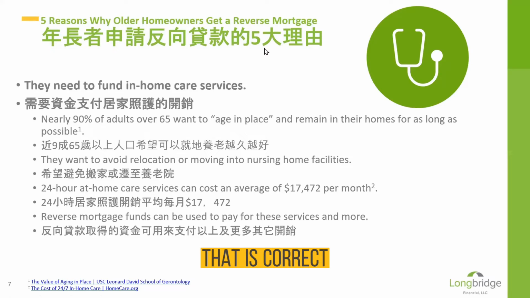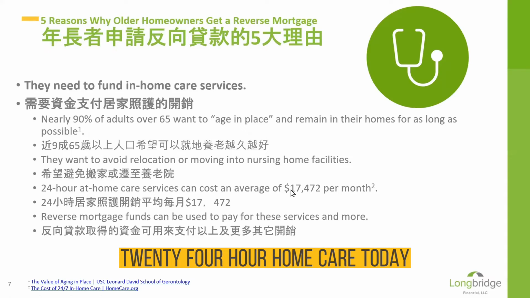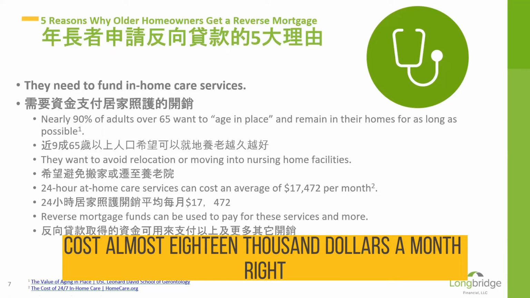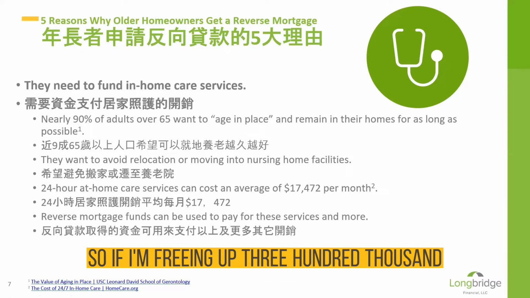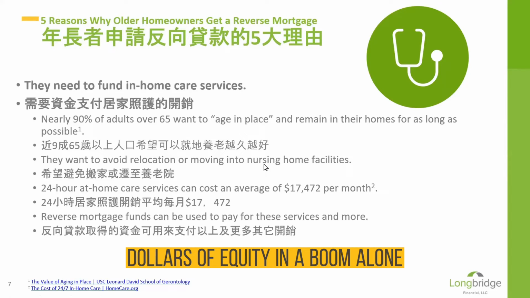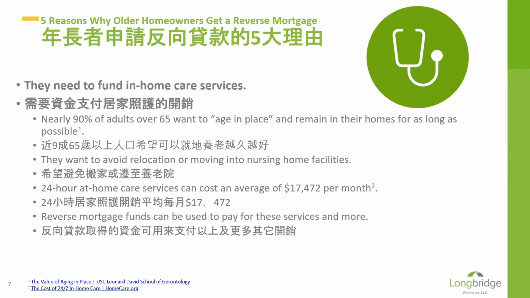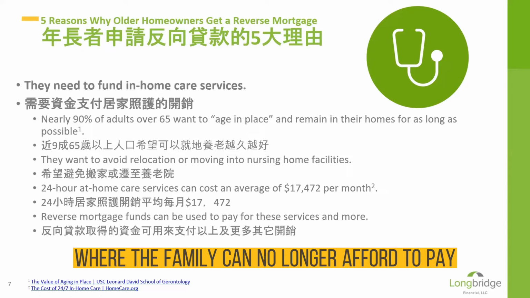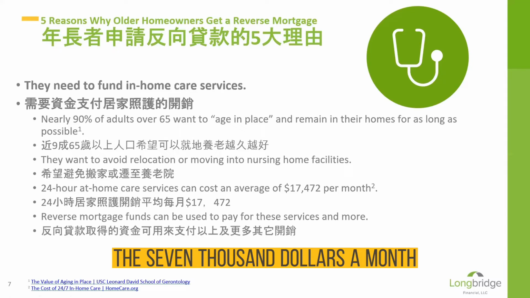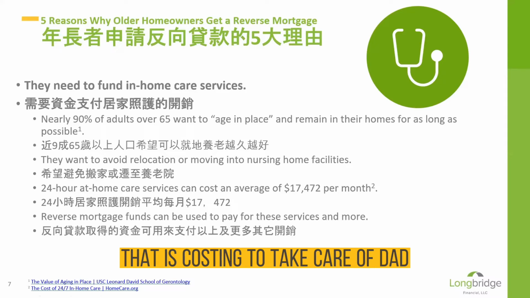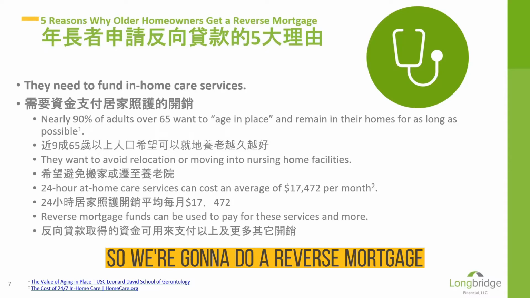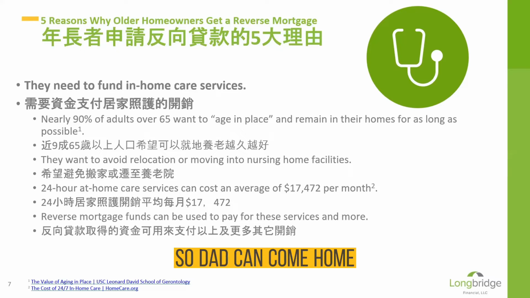That is correct. 24-hour home care today costs almost $18,000 a month, right? So if I'm freeing up $300,000 of equity, and I'm doing a loan right now for a family where the family can no longer afford to pay the $7,000 a month that is costing to take care of dad, we're going to do a reverse mortgage to free up money so dad can come home.